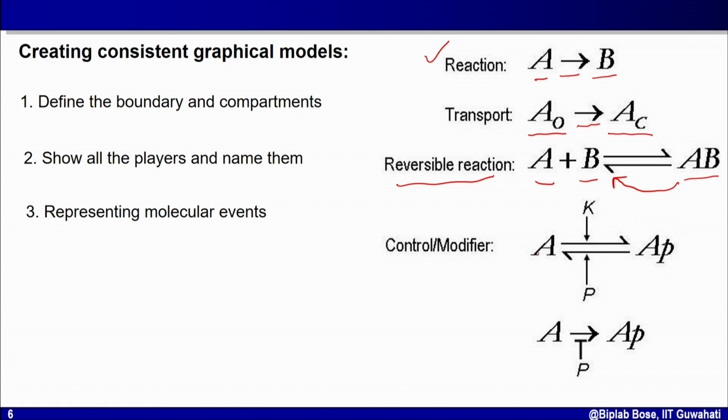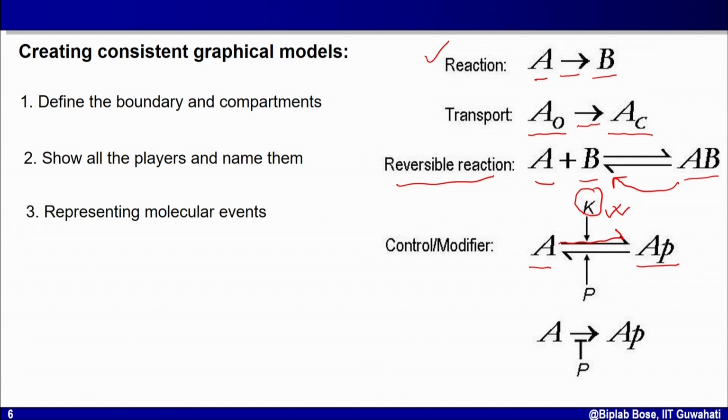For example, see the example given here. A is becoming phosphorylated by a kinase. So this is my forward reaction. A is becoming AP, phosphorylated. Who is controlling that? K, the kinase, is controlling that.